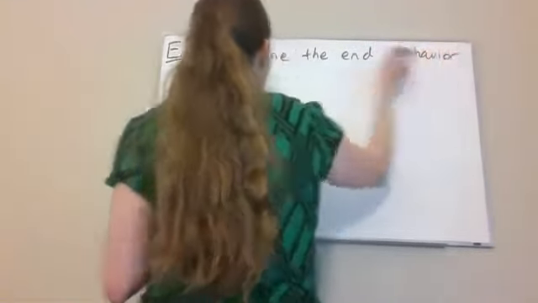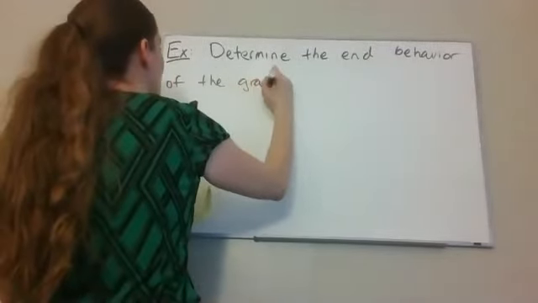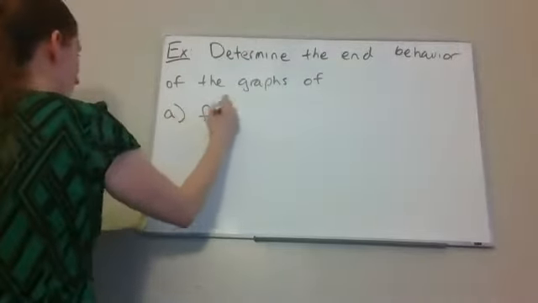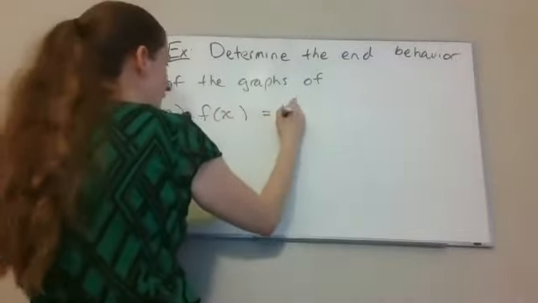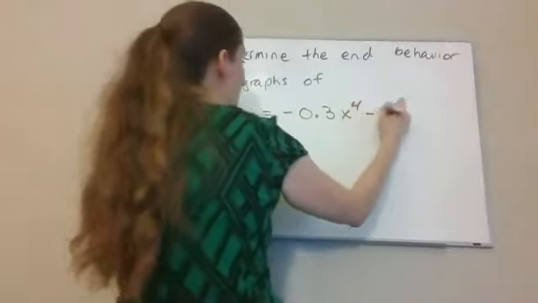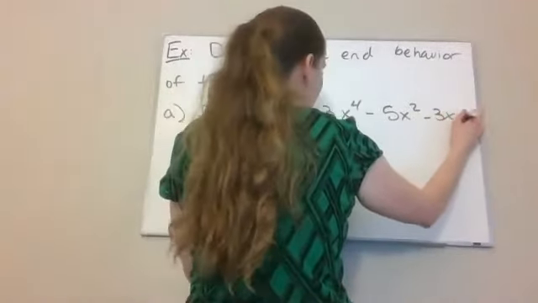Determine the end behavior of the graphs of, first one's going to be f of x equals negative 0.3 x to the fourth minus 5x squared minus 3x plus 4.